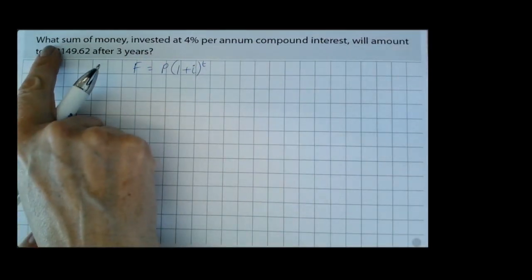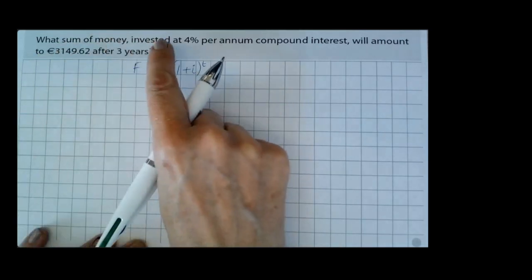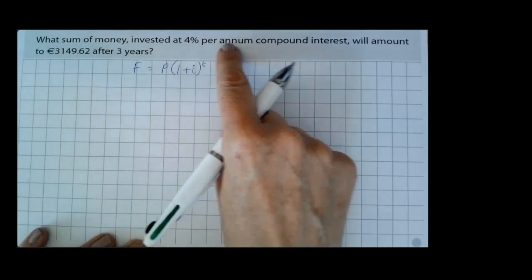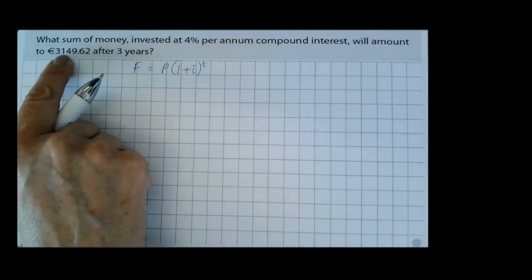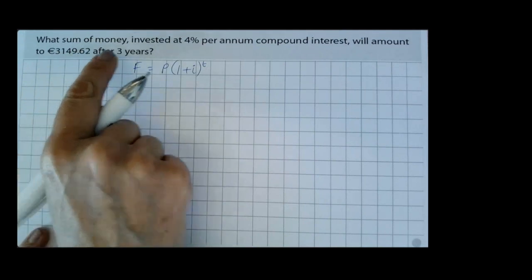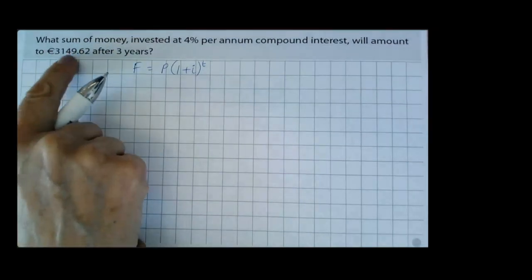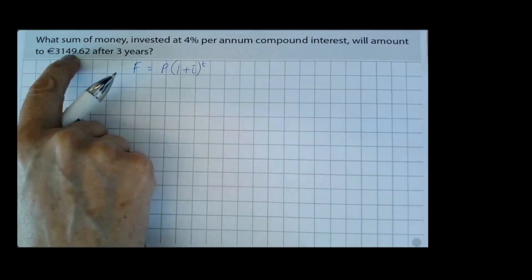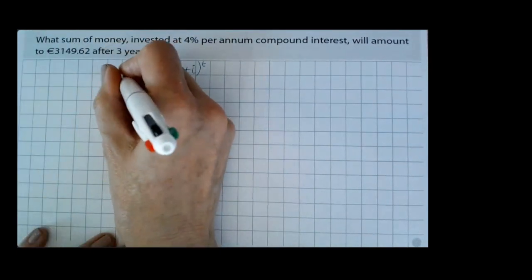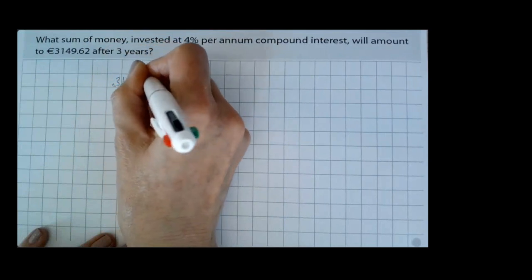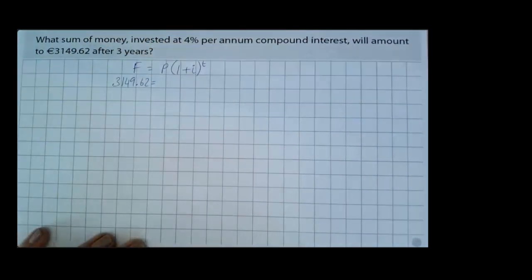I am asked, what sum of money invested at 4% per annum compound interest will amount to 3,149 euros and 62 cents after 3 years. So this is what it's amounting to, which means that is my final value, 3,149.62. So I'm going to put that in for the F.